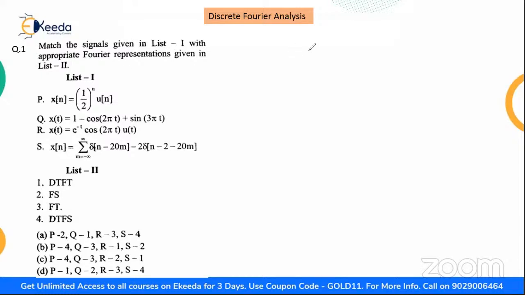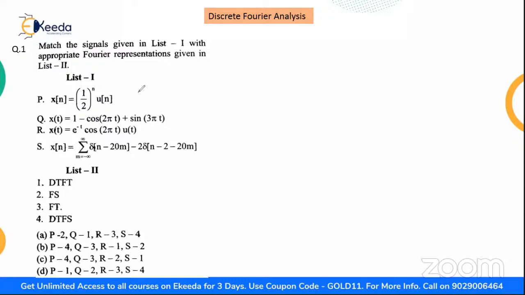You must be aware of the basics of the discrete time Fourier transform and the discrete Fourier series. So they have mentioned a few signals and then they are asking what type of transform is suitable for them. We will first find out what type of signal it is.